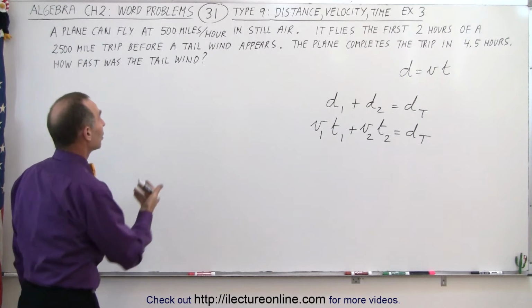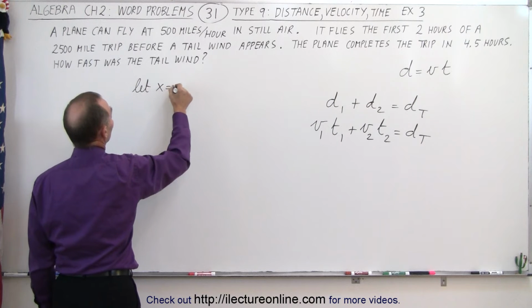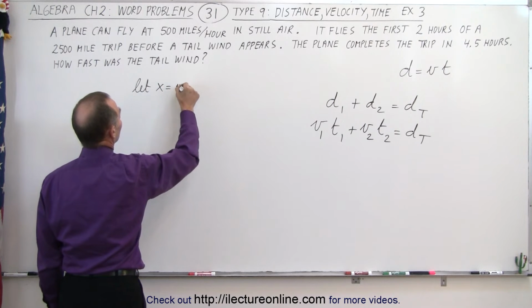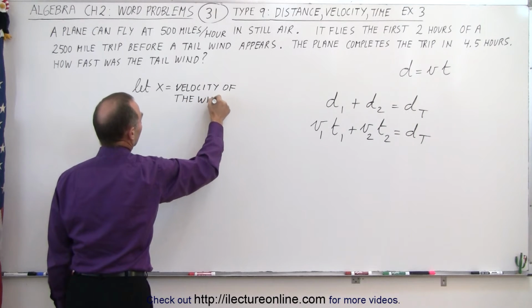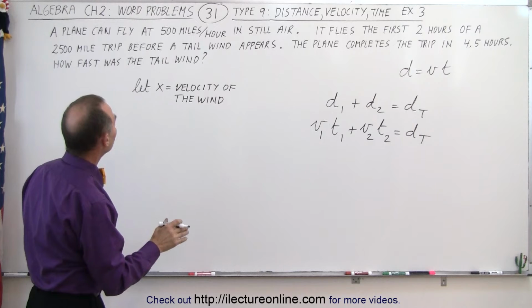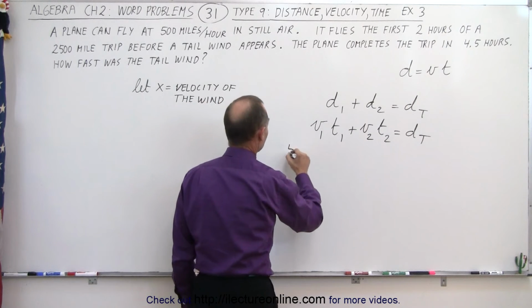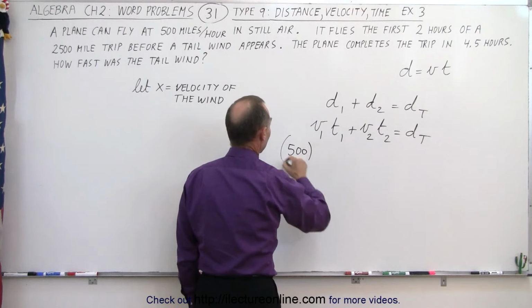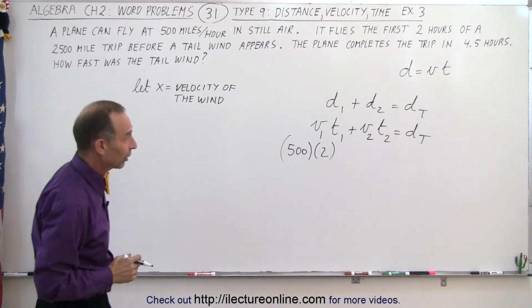One more thing, we can let x equal the velocity of the wind because we don't know what that is. All right, so let's plug everything in that we know. The velocity of the first part of the trip without any tailwind is going to be 500 miles per hour, and the time is going to be 2 hours because for the first 2 hours there's no tailwind.